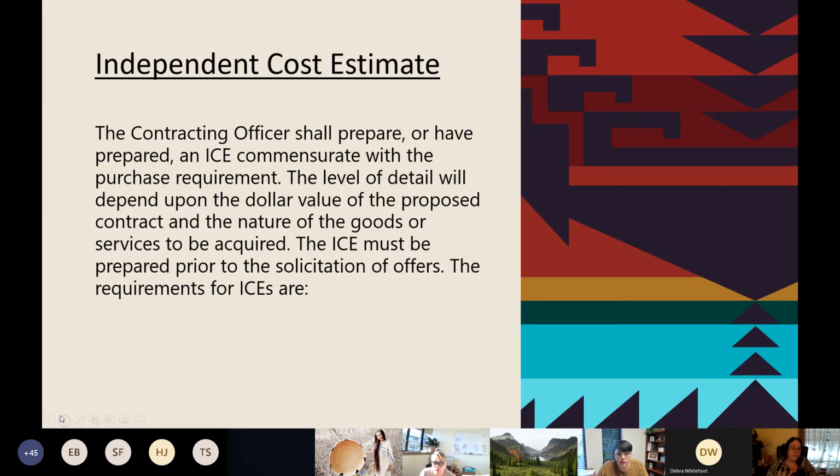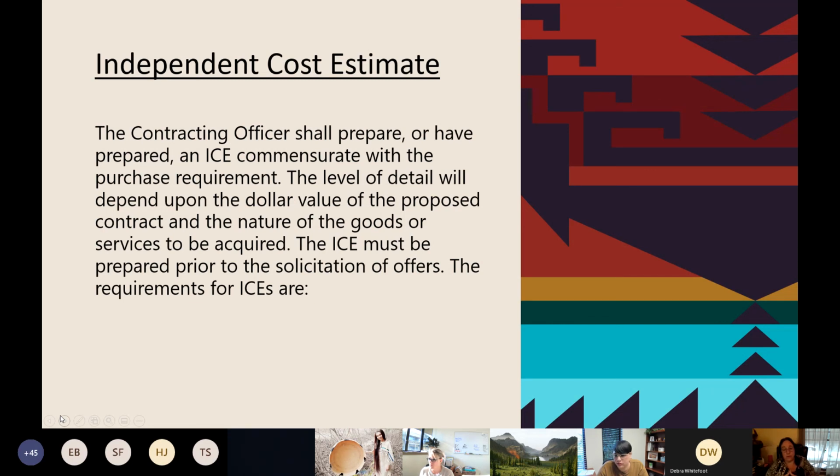Your contracting officer should prepare or have prepared an ICE commensurate with your purchasing requirement. The level of detail will depend on the dollar value of your proposed contract and the nature of the goods or services to be acquired.